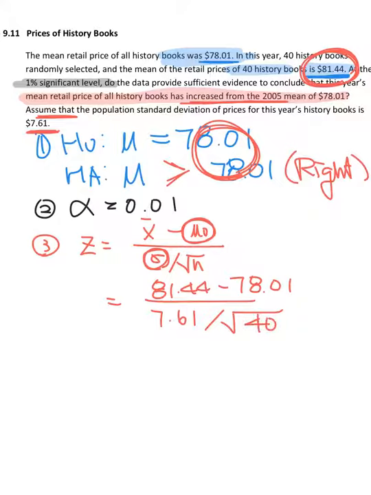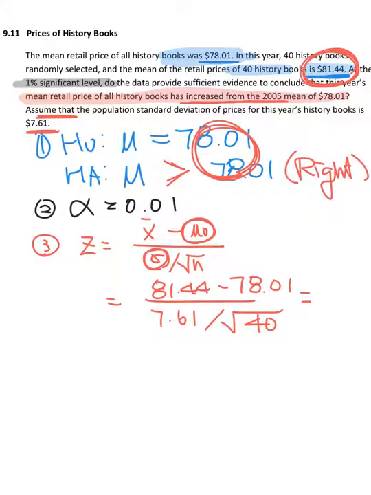We plug every single value into the formula to get the test statistic, the z-score. We need only 2 decimal places.